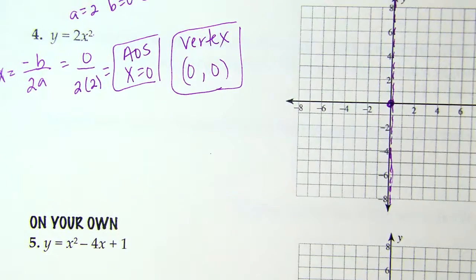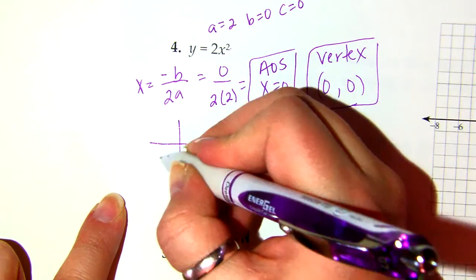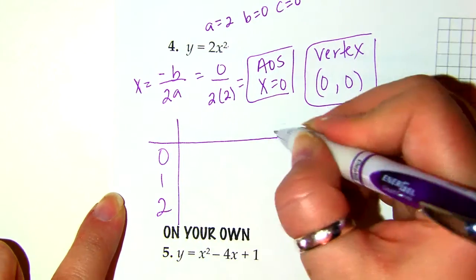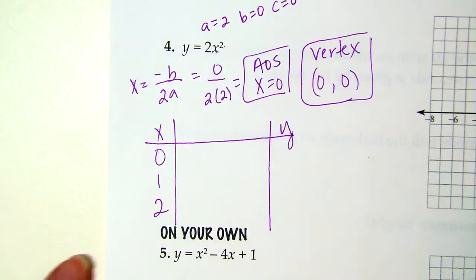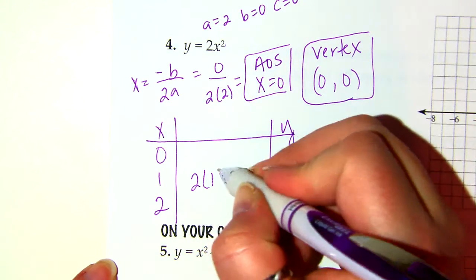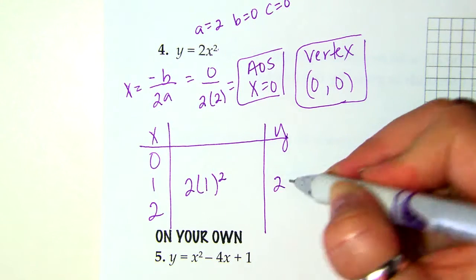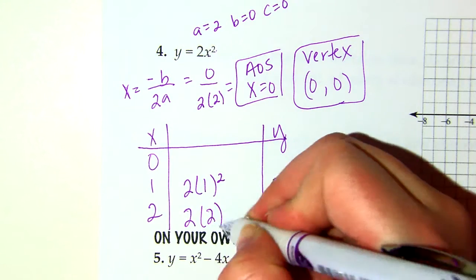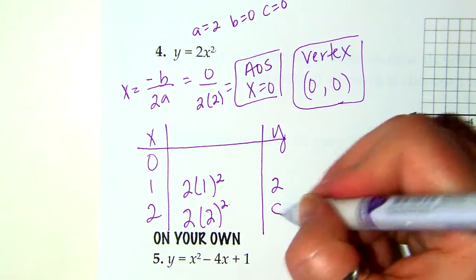Okay, and then 2 points bigger. So 2 bigger than 0 would just be 1 and 2. So when you plug in 1, it's 2 times 1 squared. So that's 1 times 2, which is 2. When you plug in 2, it's 2 squared, which is 4, times 2, which is 8.